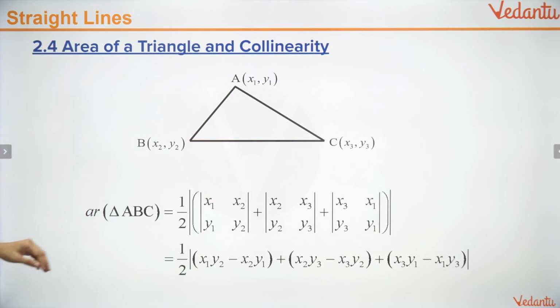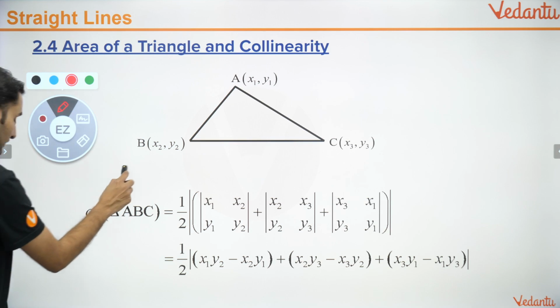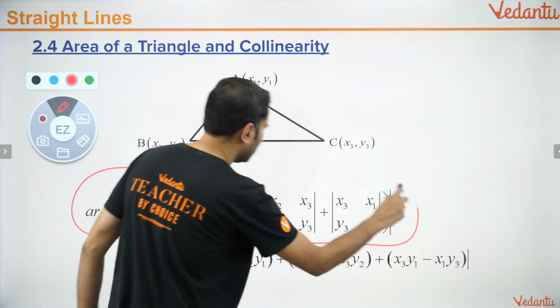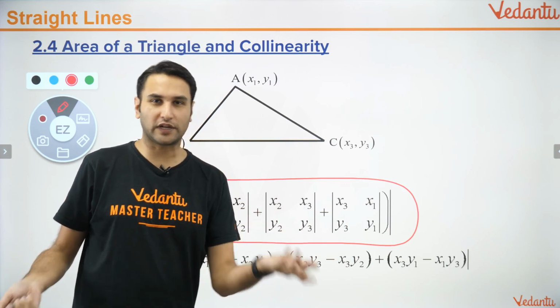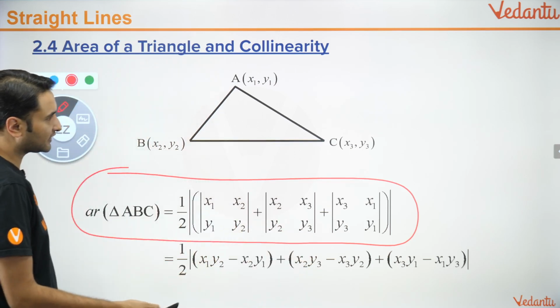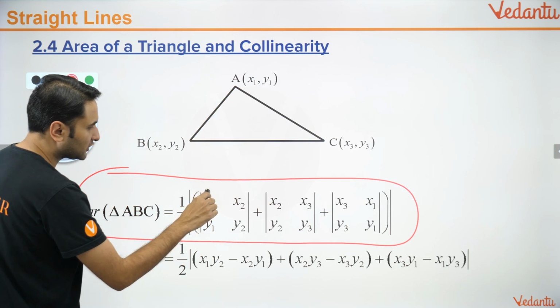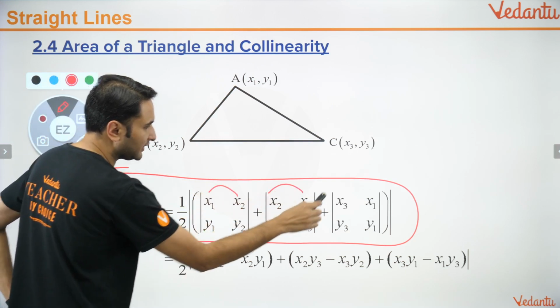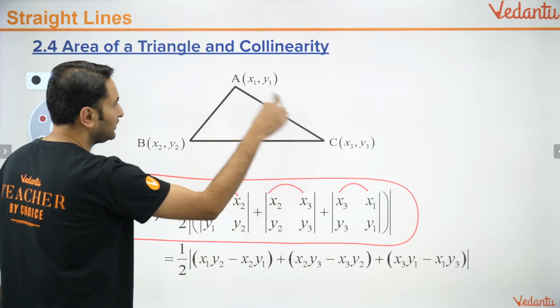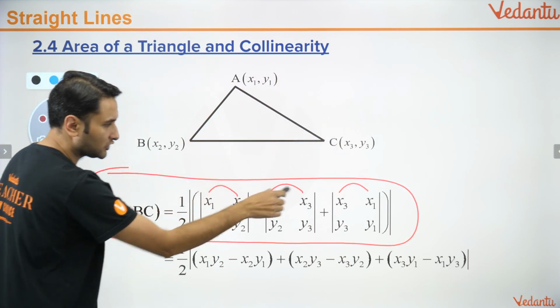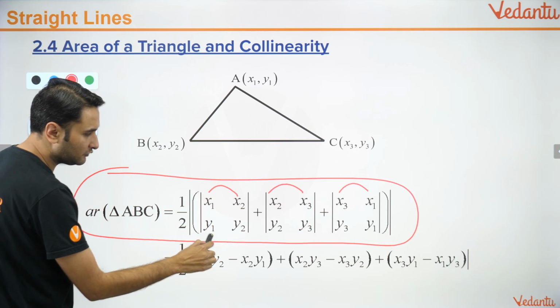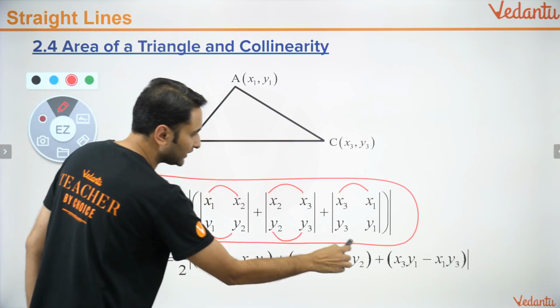Area of a triangle, simple formula. क्या होता है area of a triangle का formula? Quick. You don't require it a lot, but still you can remember the formula. बच्चों कैसे याद रखेंगे? देखो, x1 x2 x3 in a column, then y1 y2 y3, and a column of ones.